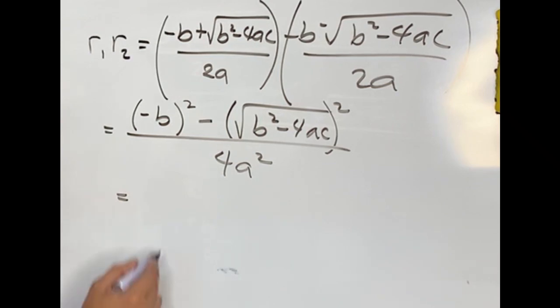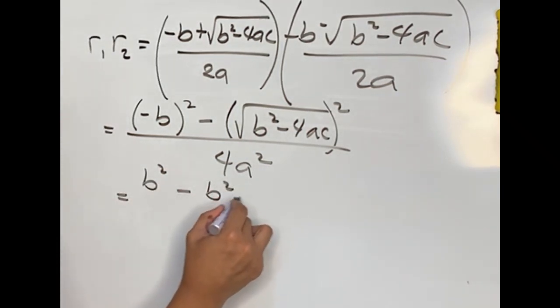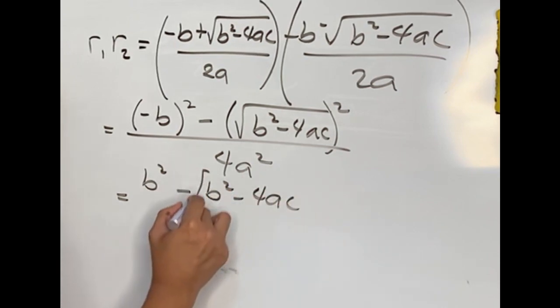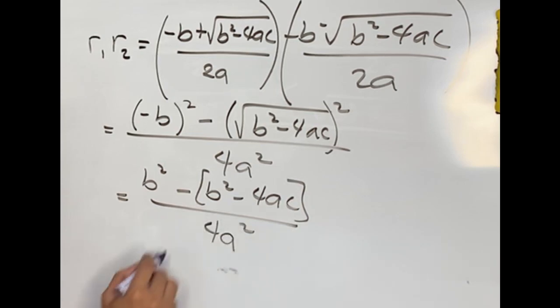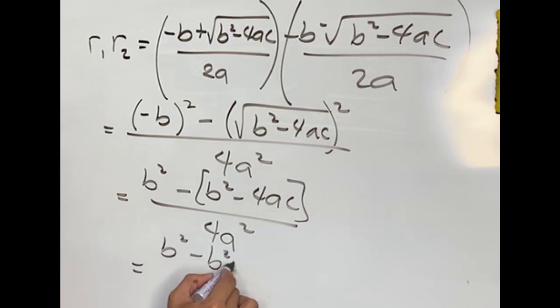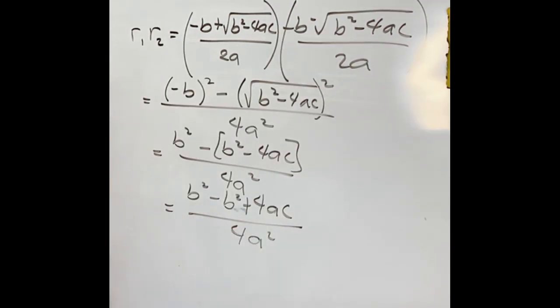Continuing the solution, we have b squared minus b squared minus 4ac all over 4a squared. Simplifying, you will lead to b squared minus b squared plus 4ac all over 4a squared.